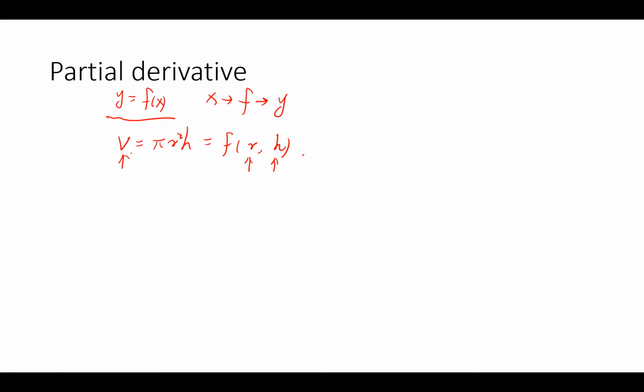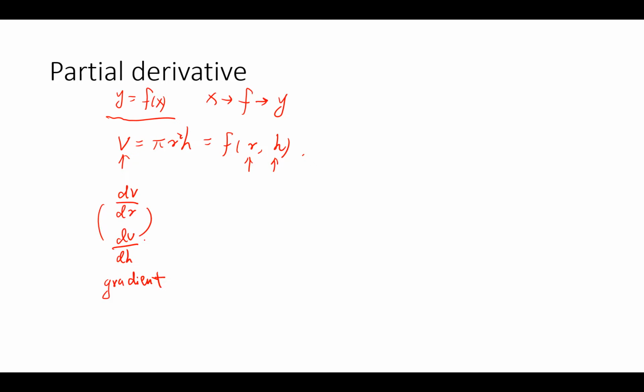The partial derivative measures the sensitivity of v, the volume, with respect to each of the input variables. So naturally we have two partial derivatives, dv over dr and dv over dh. These two partial derivatives jointly form the so-called gradient. Here there are two elements.